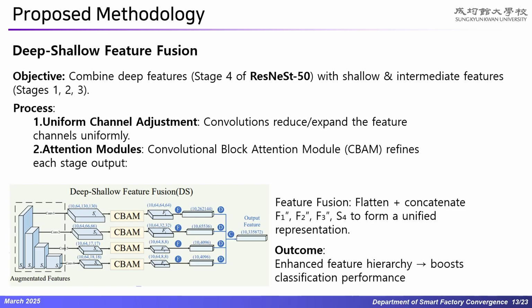Before fusing, we uniformly adjust each stage's output to ensure they are compatible in dimensionality. Convolutional operations, like a 1 times 1 or otherwise, can reduce or expand channel sizes as needed. So here we can just flatten each feature map and finally concatenate them to form a unified representation.